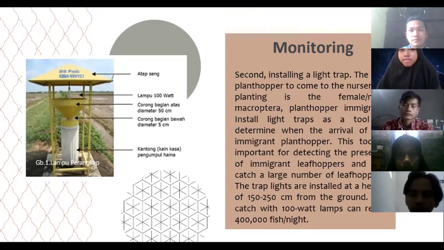The trap lights are installed at a height of 150 till 250 centimeters from the ground. The catch with 100-watt lamps can reach 100,000 planthoppers per night.